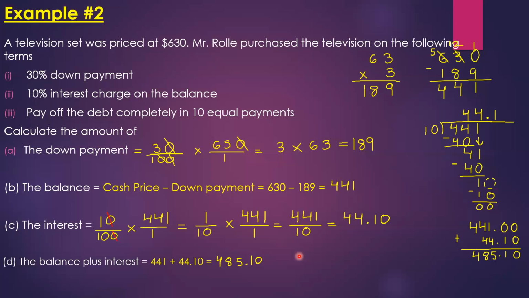For C, the interest equals 10 over 100 times 441 over 1. First we take away the zeros, which gives us 1 over 10 times 441 over 1.